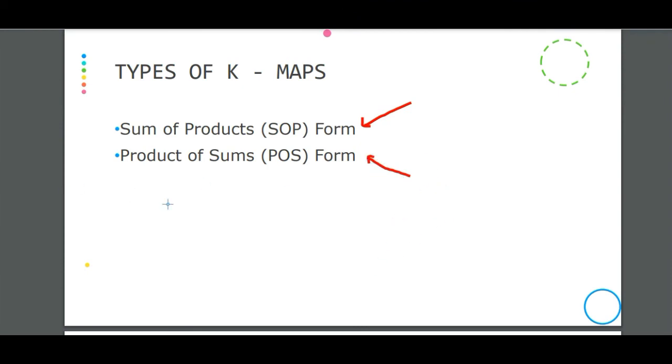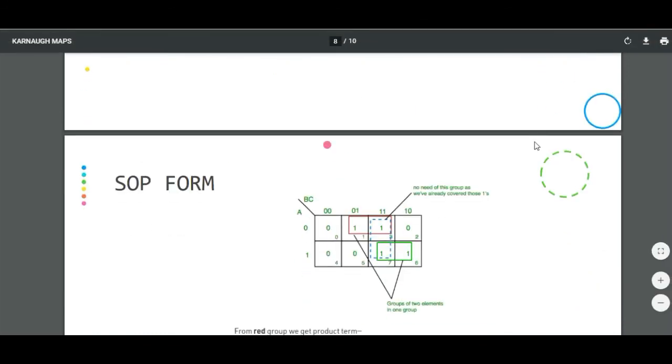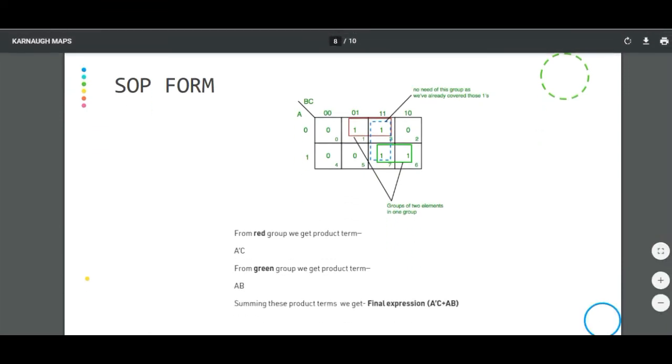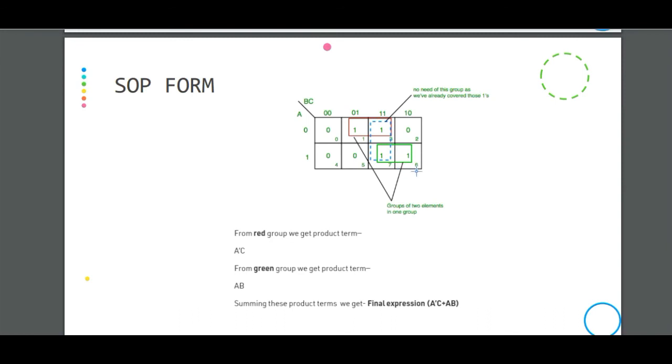When it comes to both of those types of K-maps, we are going to use the same method to extract the answer, and there's only one slight difference between the POS form and the SOP form extraction of answers. In the SOP form, as you already know, we take the Karnaugh map, however, we only circle the ones.